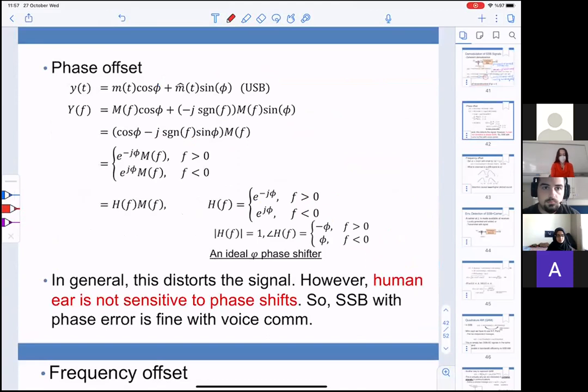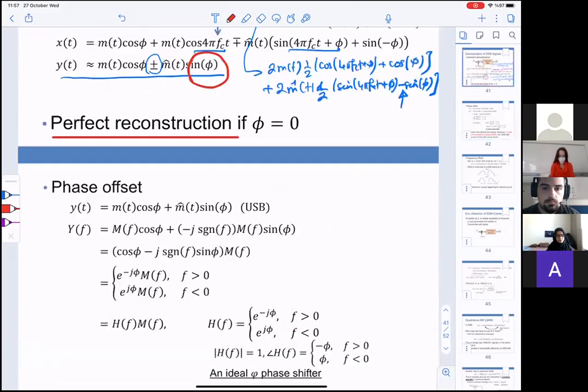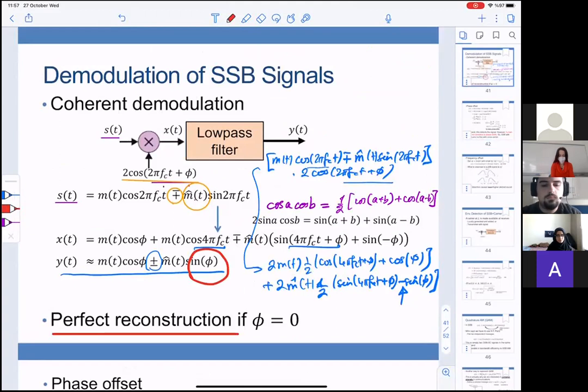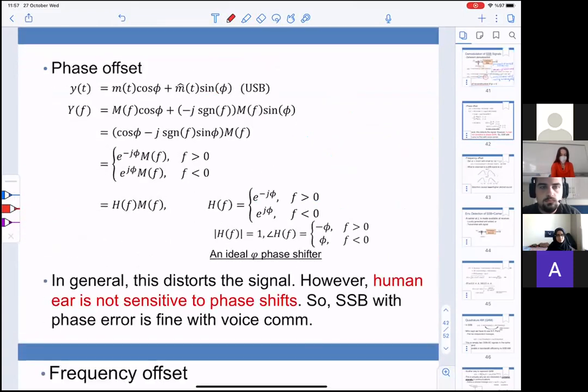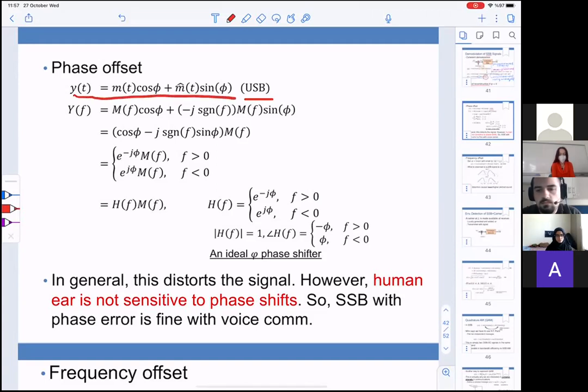So now, if there is a non-zero phase offset, suppose that the original SSB signal was an upper sideband. Assume upper sideband to start with. Then the demodulated signal is m of t cosine phi plus m hat of t sine phi.